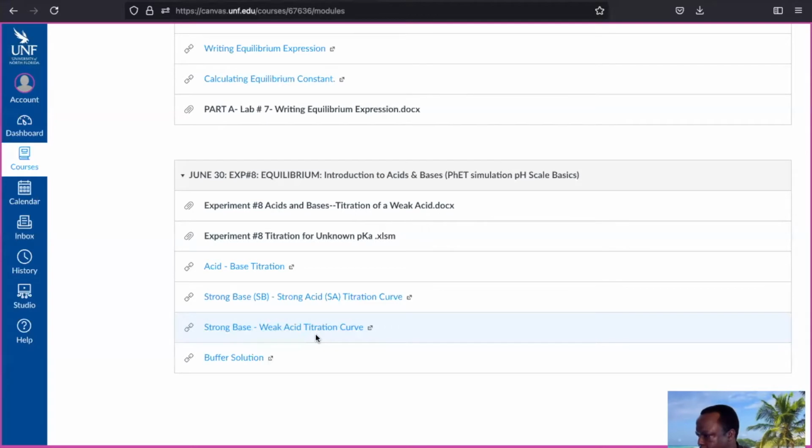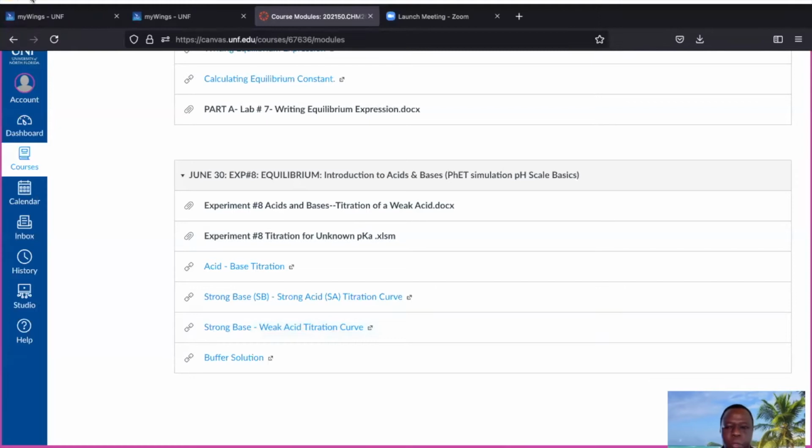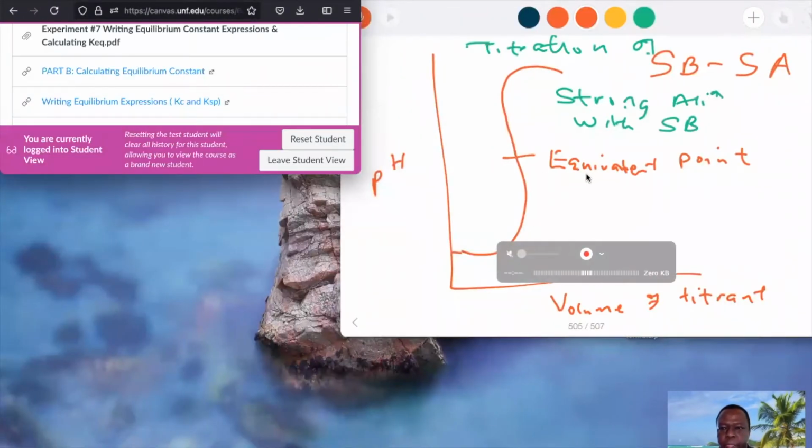When we say equivalence point, it is a point on the titration curve where the stoichiometrically equivalent number of moles of the titrant and the analyte, what goes in the burette and what goes in the beaker, are present.